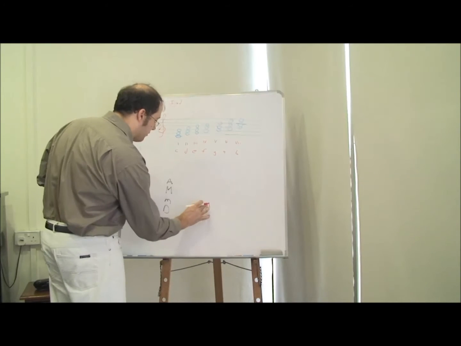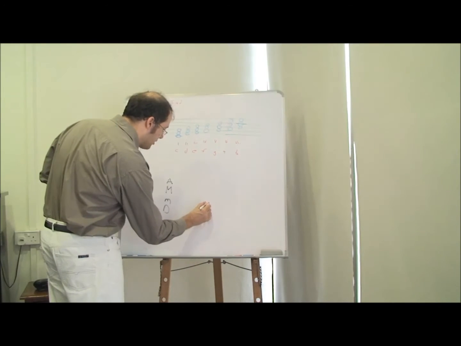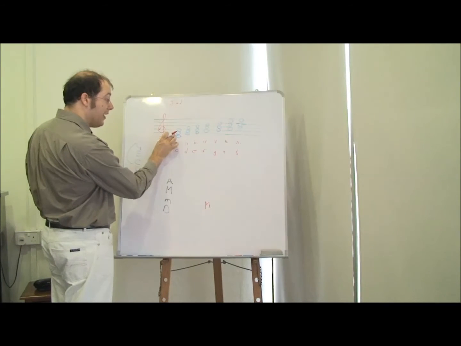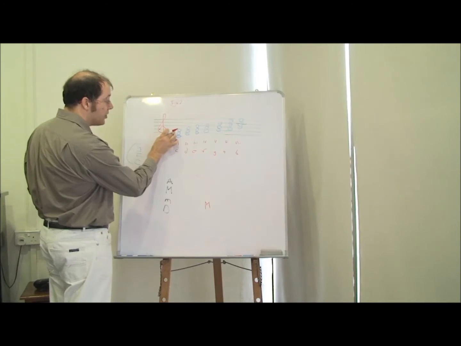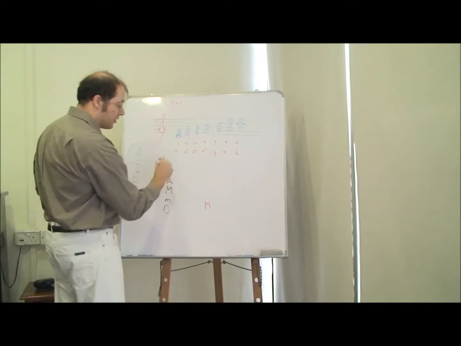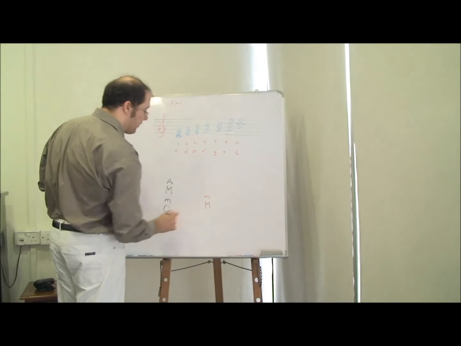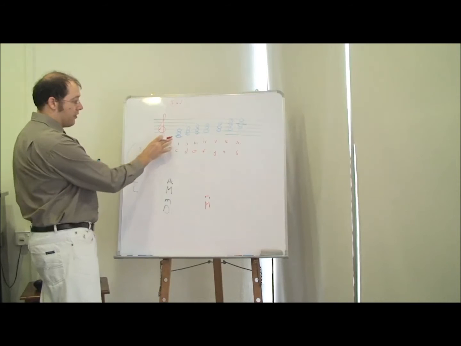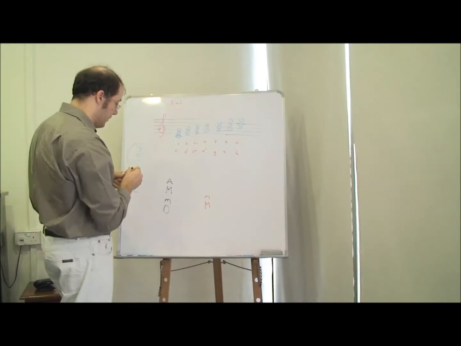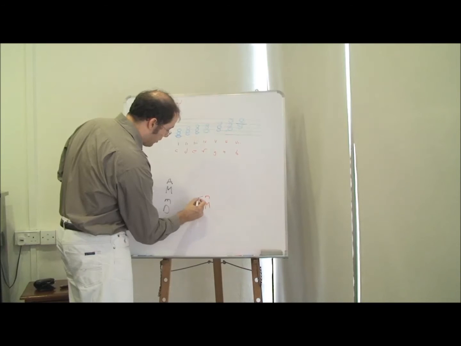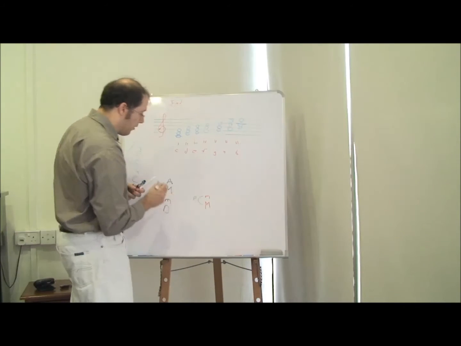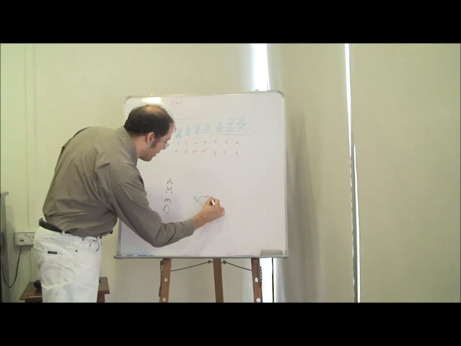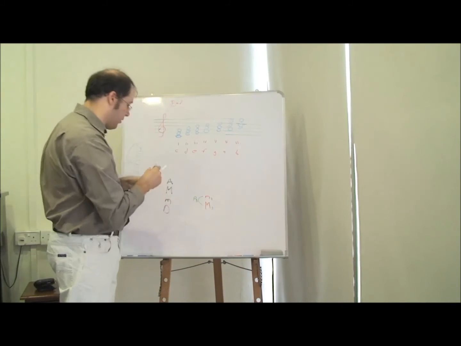Then above that, you have E going to G. In E major, you have a G sharp, so this is a little bit smaller, a minor third above that. If you put them together, C going to G is a perfect fifth, because in C major you have a G. So: perfect fifth, minor third, major third.